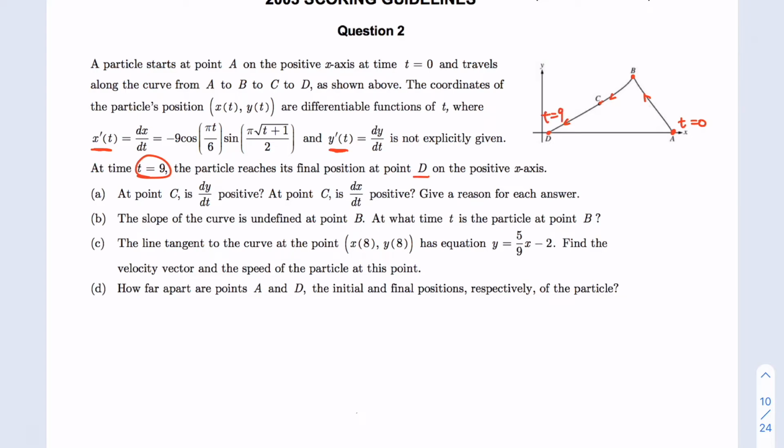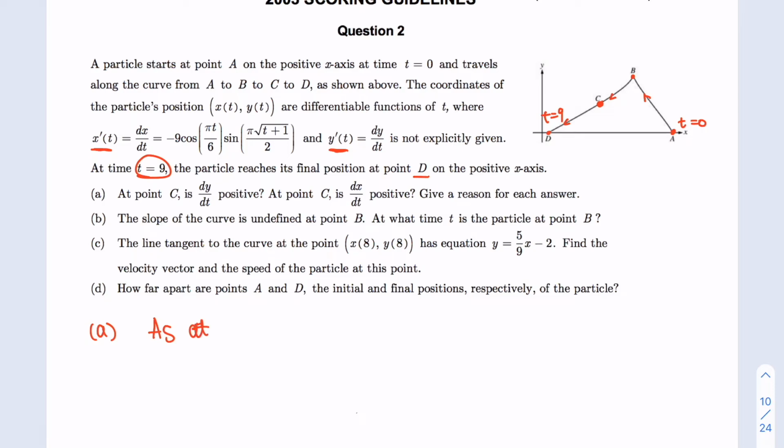Part A, at point C, is dy over dt positive, or is dx over dt positive? If you look at point C here, from point C, the y value is decreasing and x is also decreasing. So dy over dt has to be negative.